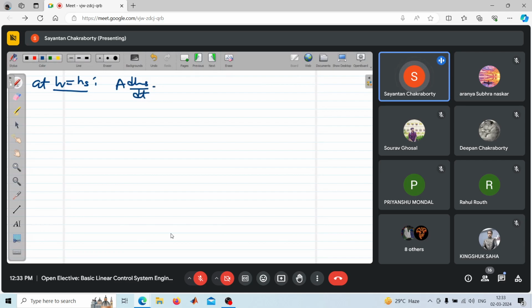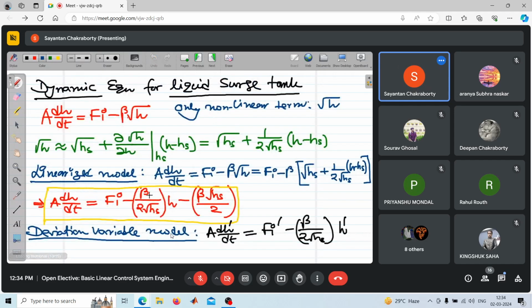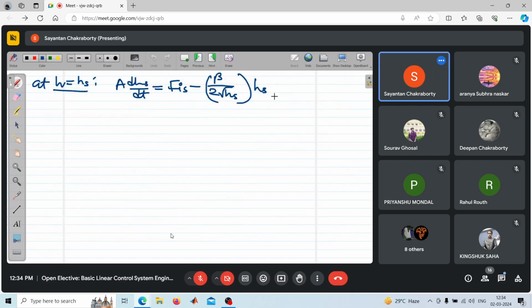A dhs dt is equal to Fis, that means the nominal steady state, minus beta root hs by 2 plus beta by 2 root hs times hs, or beta root hs by 2. And this is the steady state.